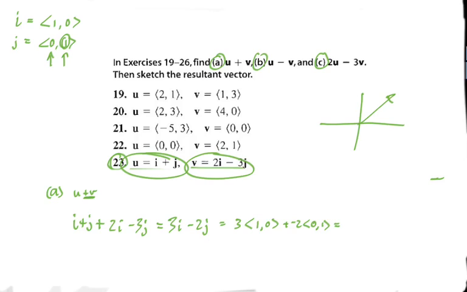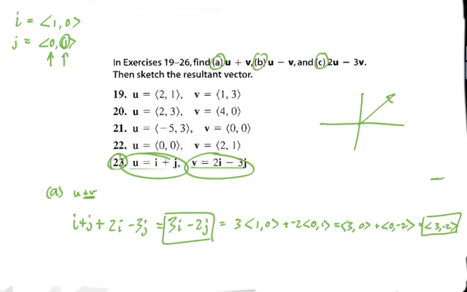Because 3 is a scalar, so you get 3, 0, and then the other one you get 0, negative 2, and all that work just to say this 3, negative 2. But like, did you really need to write all that just to get that? Heck no, you don't have to write all that just to get that point, because you see it right here. There's a 3 and a negative 2 right there. Okay. So it says find it, so I found it. That's my answer.